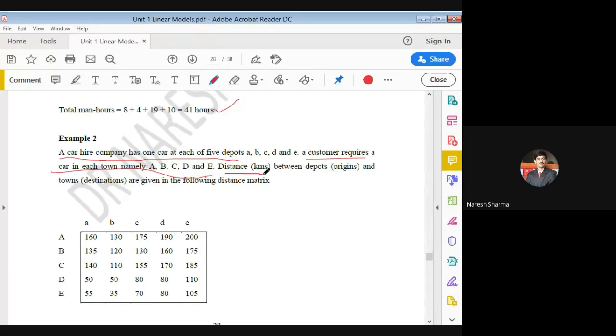The distance is given in kilometers between the depot from where we can send the car and the town which is the destination.